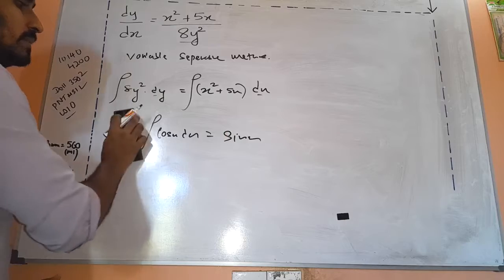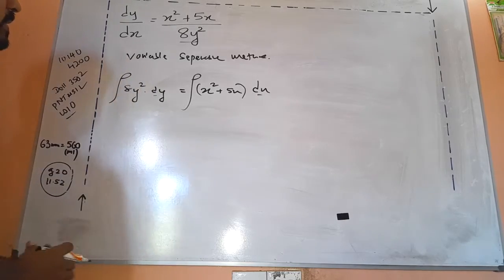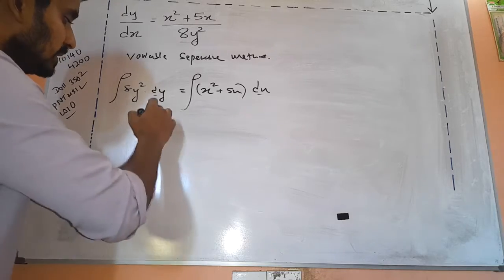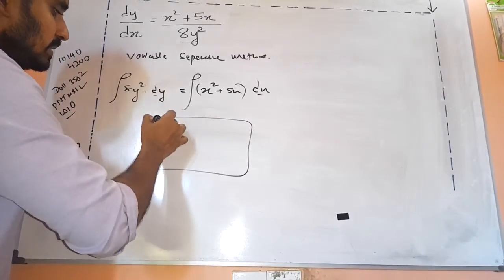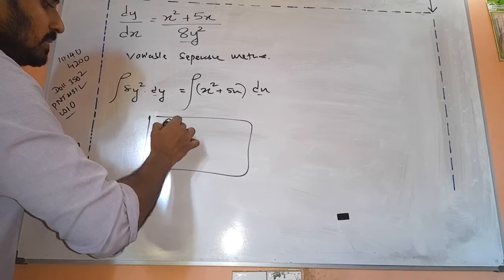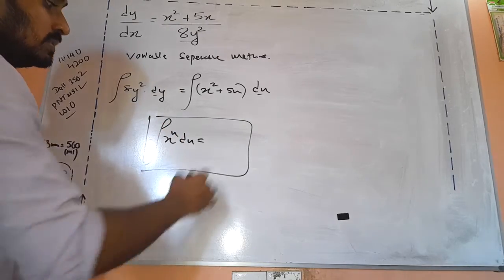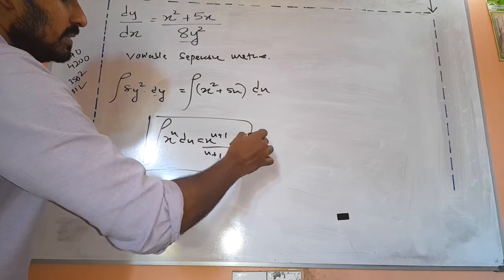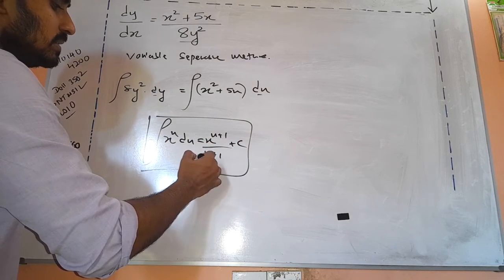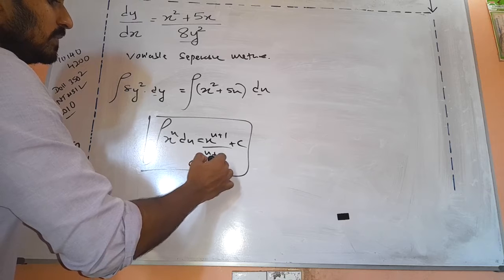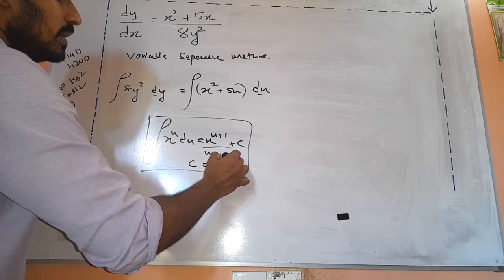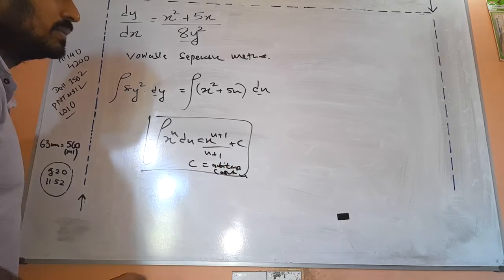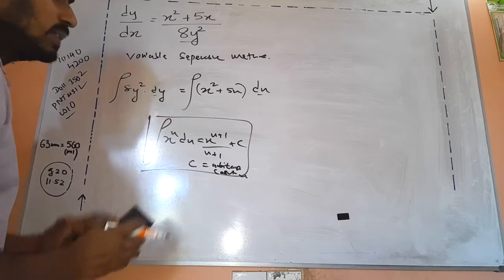Like that, when we integrate here, the formula we are going to use is the integral of x to the power n dx equals x to the power n plus 1 divided by n plus 1, plus c, where c is an arbitrary constant. That is the formula we are going to use.